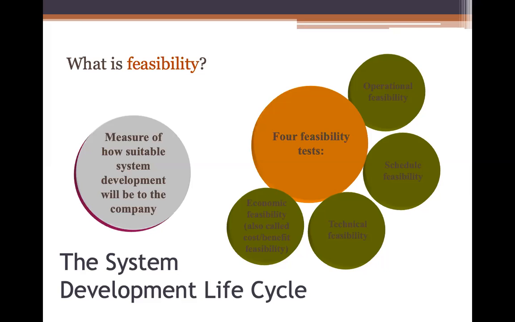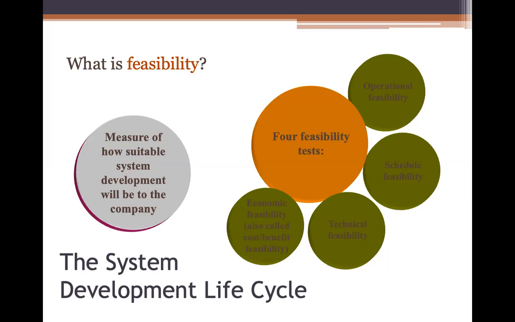As the name suggests, economic feasibility will measure whether the system can be afforded with the company's money. Technical feasibility, whether the equipment of the company can actually hold the system.